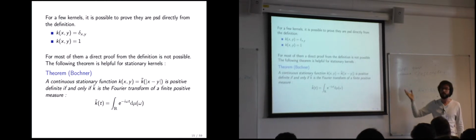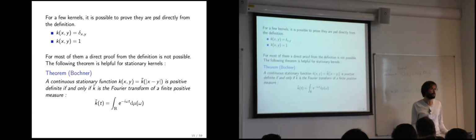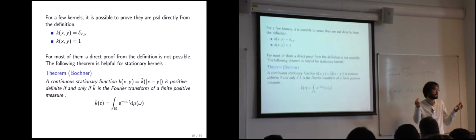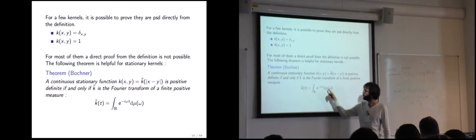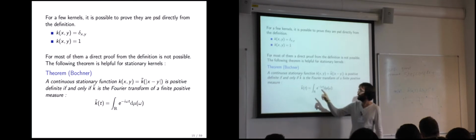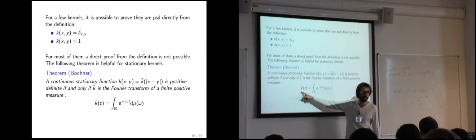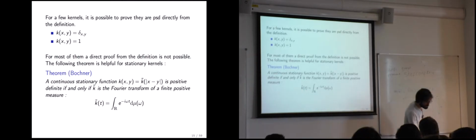So proving that a function is positive is something very easy. You just check for each x, is it positive or not? And using this trick, so checking that this function is positive and finite, which is easy, then ensures that this guy here will be positive semi-definite.